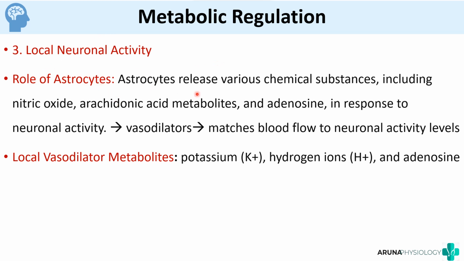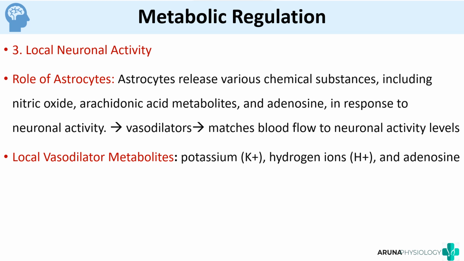So astrocytes, based on the neuronal activity, will release various chemical substances which cause vasodilation and thereby increase the blood flow. And also the local vasodilator metabolites like potassium, hydrogen and adenosine can all cause vasodilation. So that is the third point in metabolic regulation.